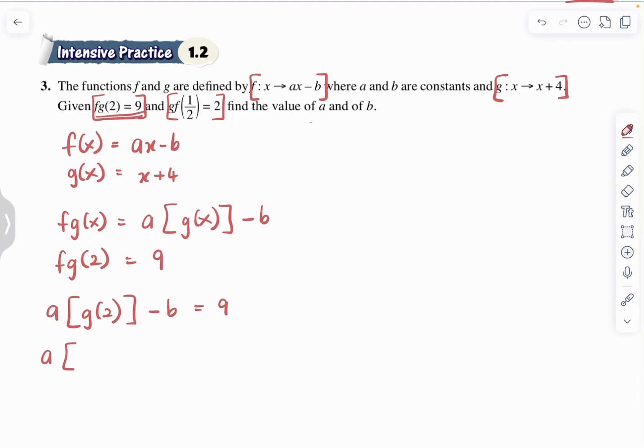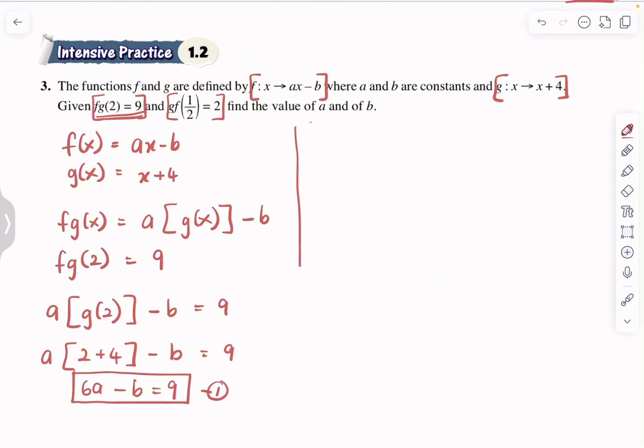So we can find what is g(2) now. g(x) is x plus 4. So g(2) will be 2 plus 4. So 2 plus 4 is 6. So this will be 6a minus b is 9. Okay, this is our first equation.